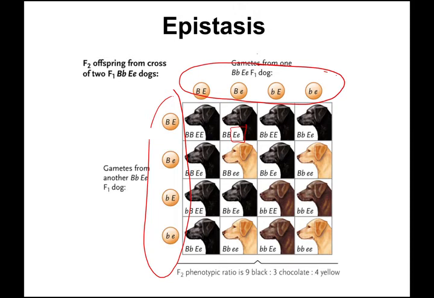So whether you are in this situation, capital B or capital B and small b here, you would have pigments produced, right? Lots of pigments are produced as long as you have one capital E, which allows it to deposit, all right? And so you will get black dogs, okay?